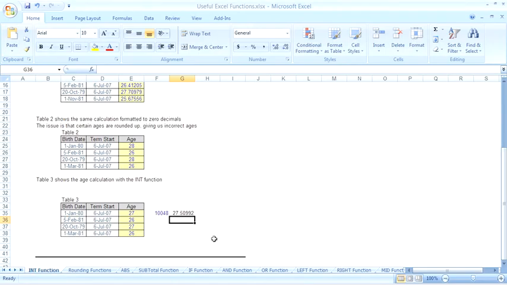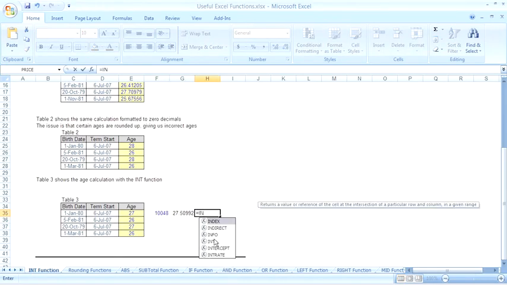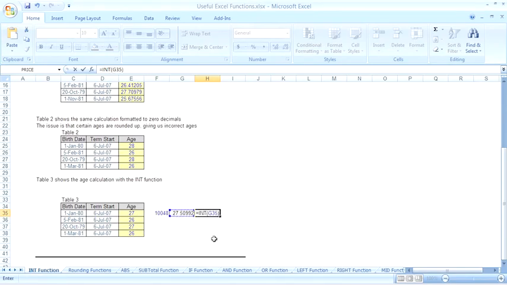Now I'm going to wrap this particular number in the int function. So what I've done here is I've entered the function name, int, open parentheses, and I've passed it the one argument that it requires, which is a number, and then I've closed it out with a closed parentheses.